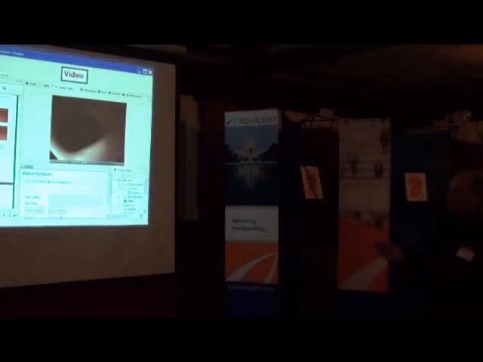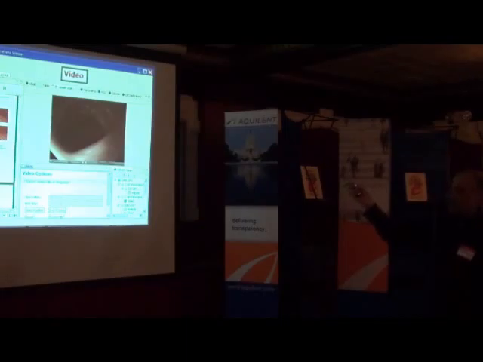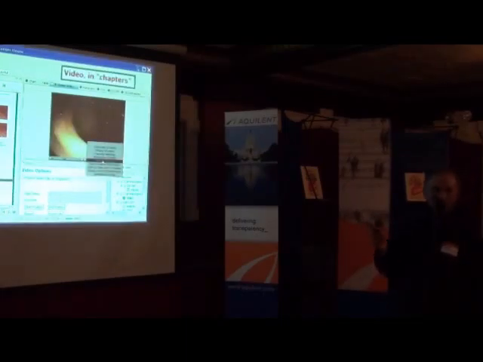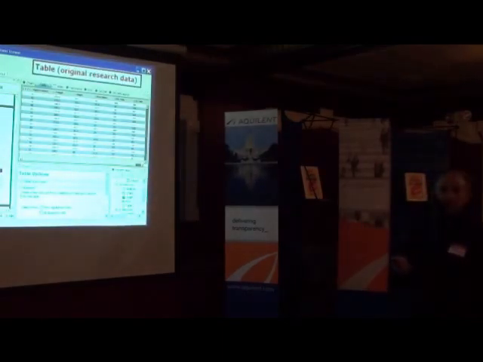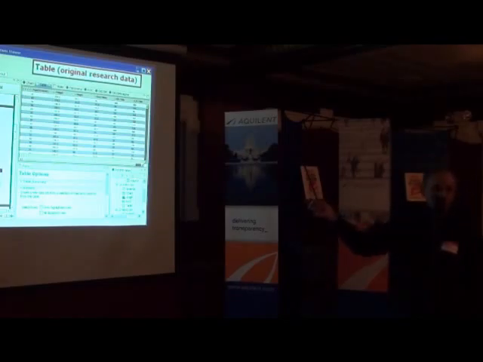So this is just a picture that shows video instead of the graph on the top right side. We can have video in chapters, sections, and this is where a table that appears in the PDF article to the left appears in dynamic form in the upper right panel, so that as the user changes the table options in the bottom panel, the columns and rows change.